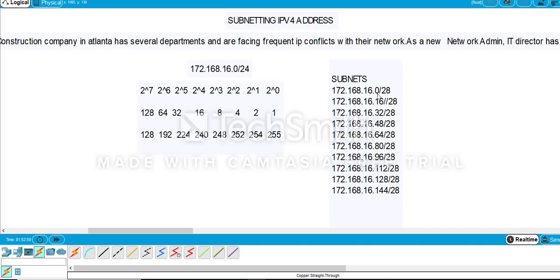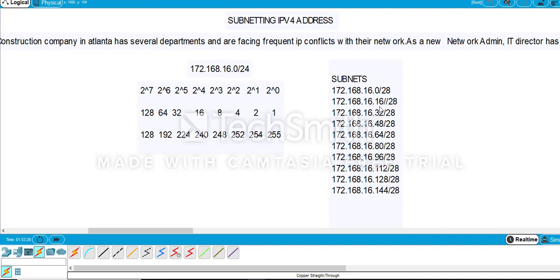Okay, but we can only use 14 of them, because the first address is the network address that you cannot use, and the last number, which is .15, is going to be the broadcast address. You can't use that, so you can actually use 1 through 14. So on each network you have 14 possible host IP addresses.